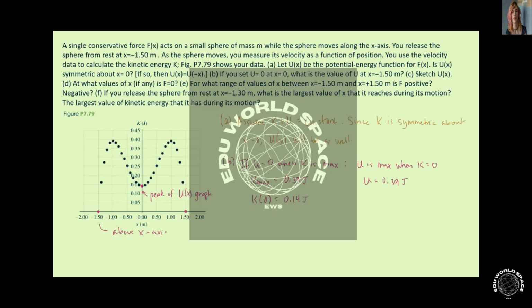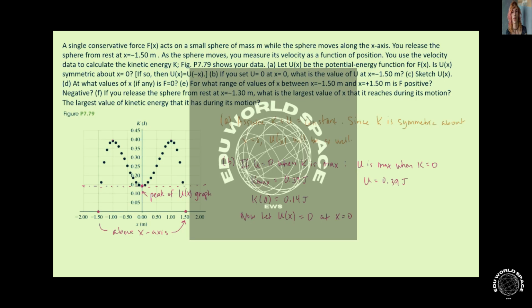This question is so much easier to answer if you actually plot U of x first, but that's not the order they gave us. The difference between this 0.14 that we had for kinetic energy and 0 is going to become the same difference between the peak of our U of x graph and the value of U of x at 1.5. So now let U of x be 0 at x equals 0.